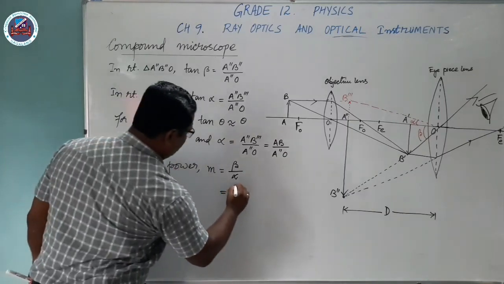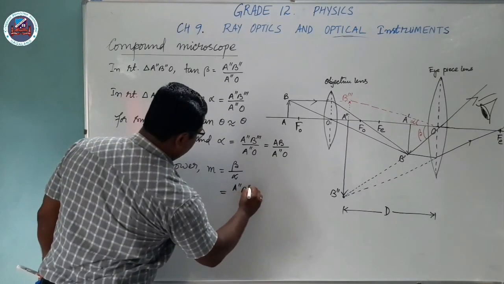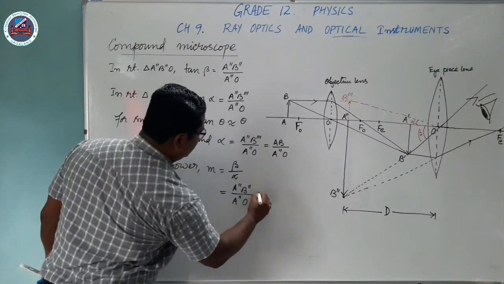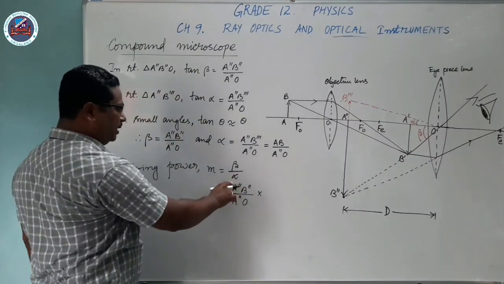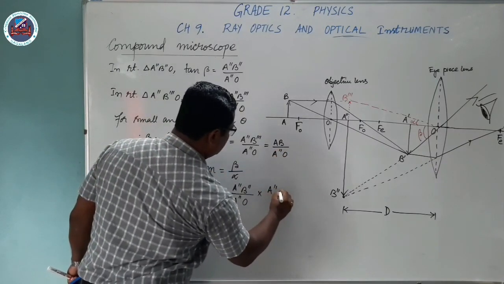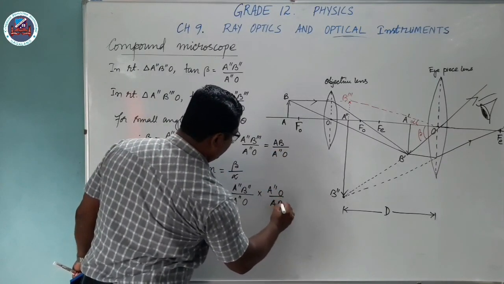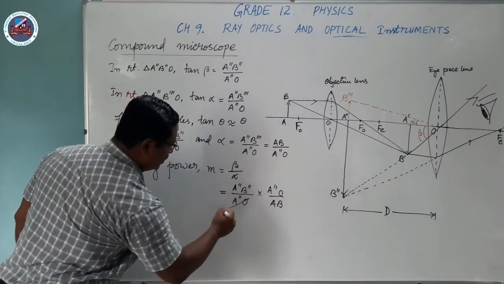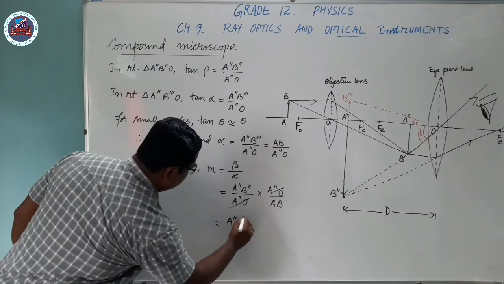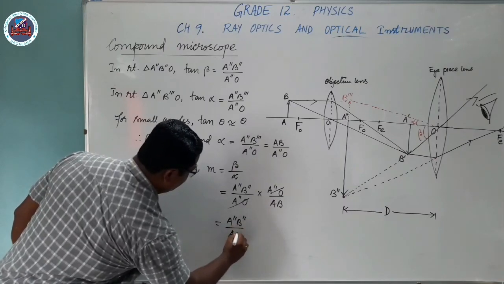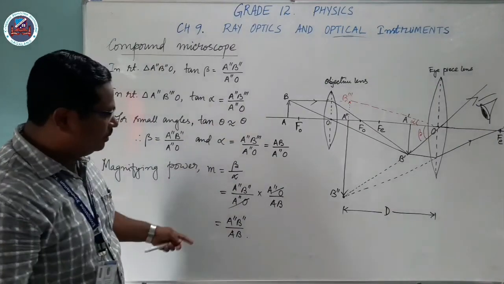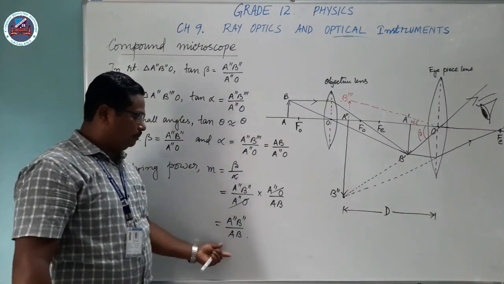Beta is A''B'' divided by A''O, divided by alpha, but if you multiply it will become upside down: A''O divided by AB. Now these two terms you can cancel out and you get A''B'' divided by AB. Now what we'll do here is divide and multiply by a common term.